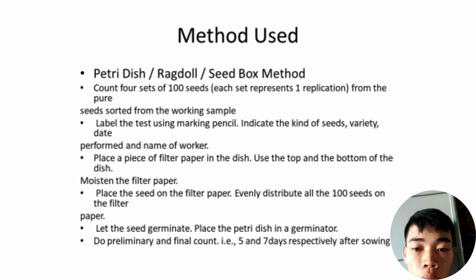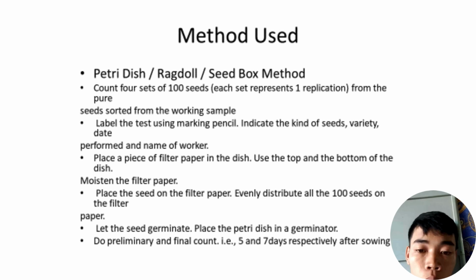Next, sort the seeds from the working sample, and label the test using a marking pencil, indicating the kind of seed, variety, and date of performance. Also place the filter paper in the dish, using the top and the bottom of the dish, and moisten the filter paper.